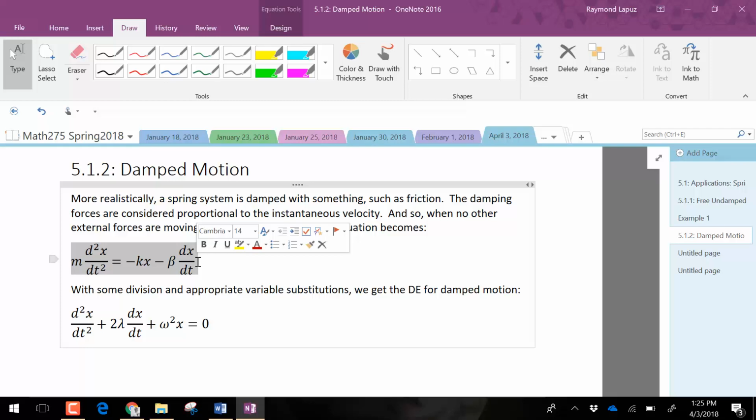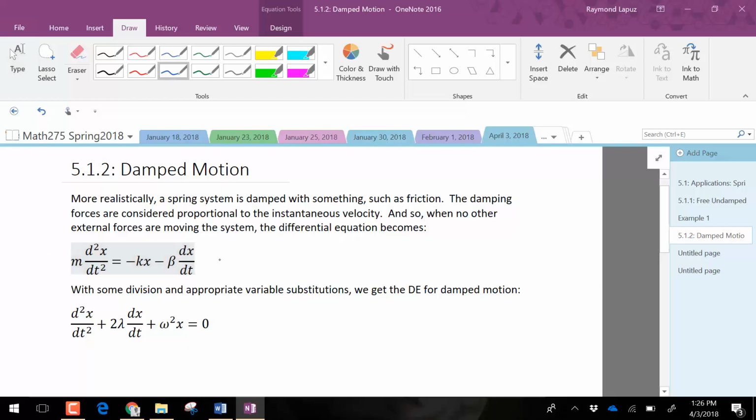And so to again make it look nice, they have a more standard form of the differential equation where they kept the square root of k over m as omega, and then they introduced this new variable called lambda. So you can probably figure out what lambda is, right? If we take a look at where this is coming from, we bring everything over to the other side so that it's equal to 0, and then we divide by m.